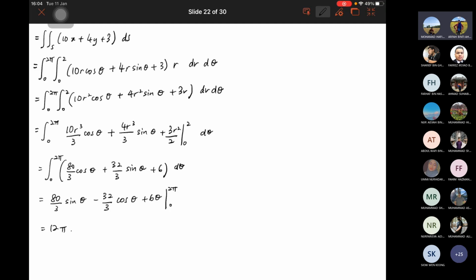And sin kosong is also kosong. That is why hanya tinggal 2 darab 6 theta. This one. Sebab yang ini akan jadi kosong, this one is kosong. This one because 1 minus 1 untuk cos function. Okay.